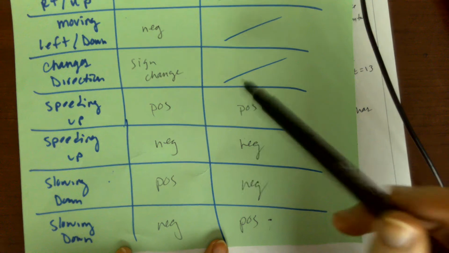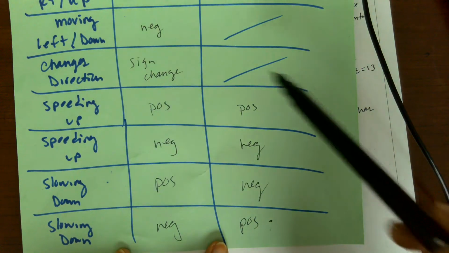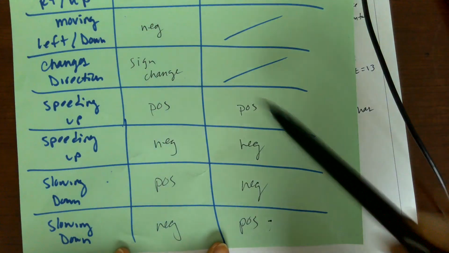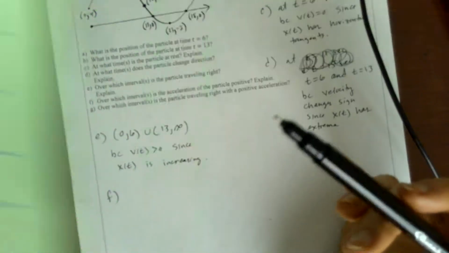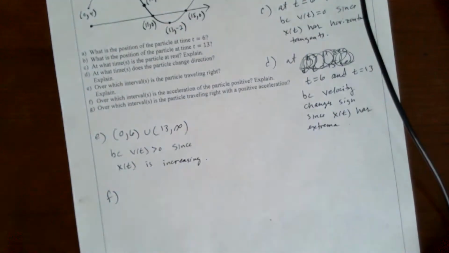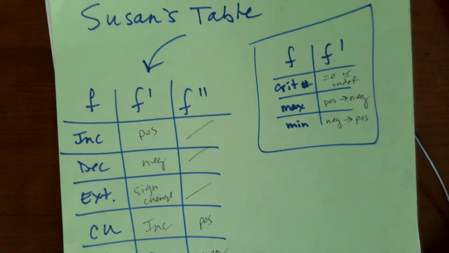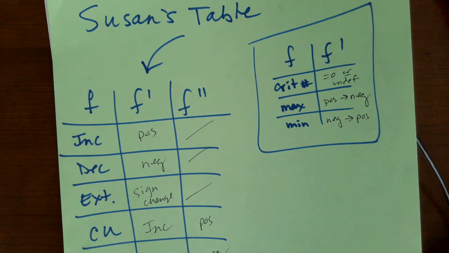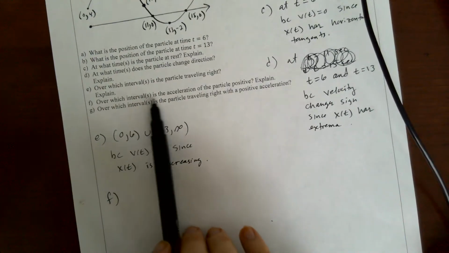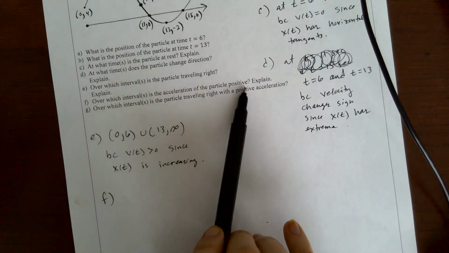There may be some convoluted way of using this information to figure out the problem, but it's better if you just use Susan's table, keeping in mind that acceleration is the second derivative.